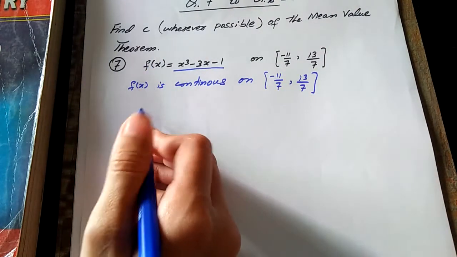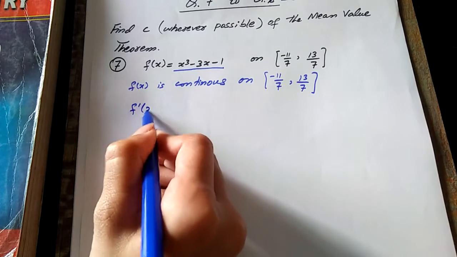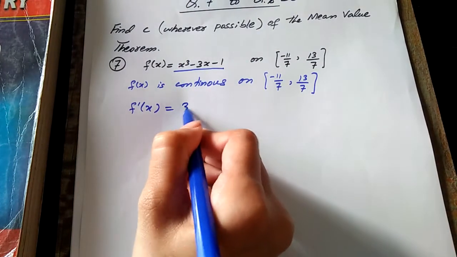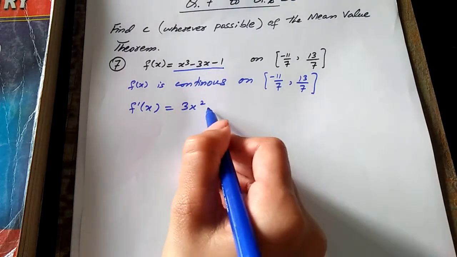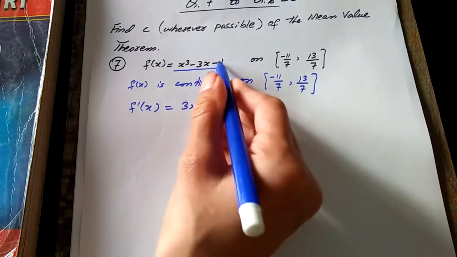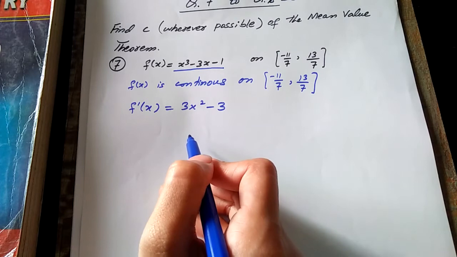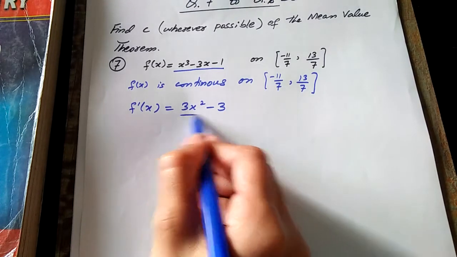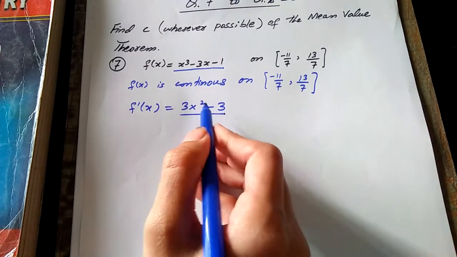Now calculate the derivative f dash of x. X cube has the derivative 3x square, then minus 3x has derivative minus 3, then minus 1 has derivative equal to 0. Again, this is a polynomial function, so this will also be continuous.